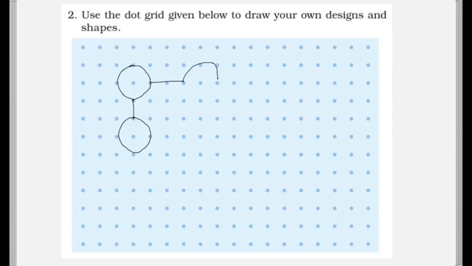Okay, just a moment. Okay, so in this manner you can make many designs of your own. Just be creative and make new designs.